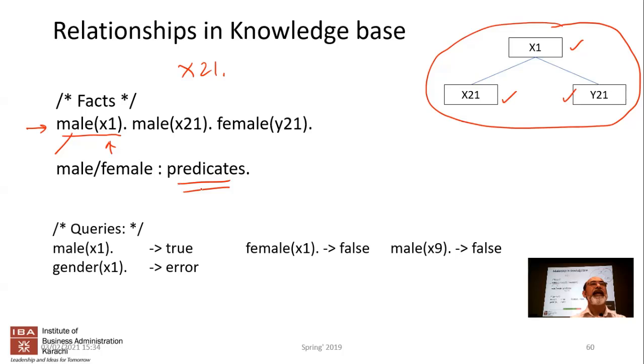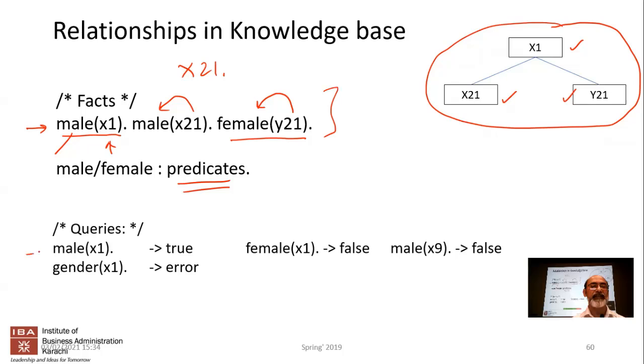Why? Because it's indicating a property of X1. Similarly, you could say that Y21 is female. So this is indicating a property of these objects. So these will again simply be facts.